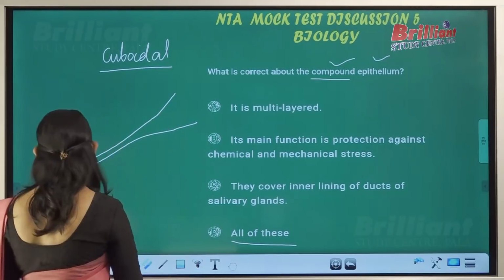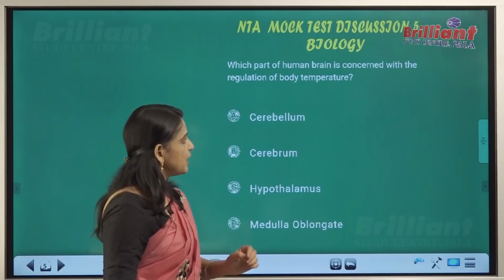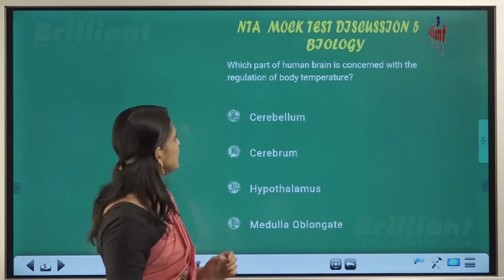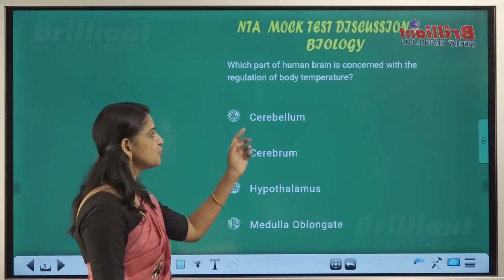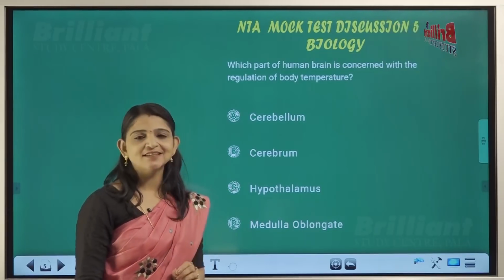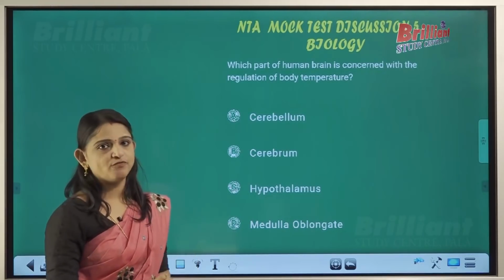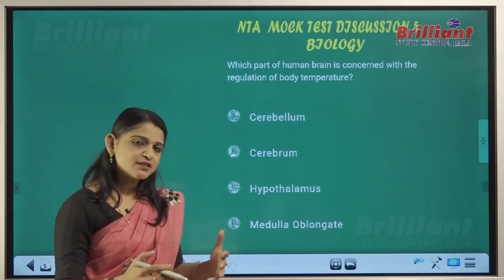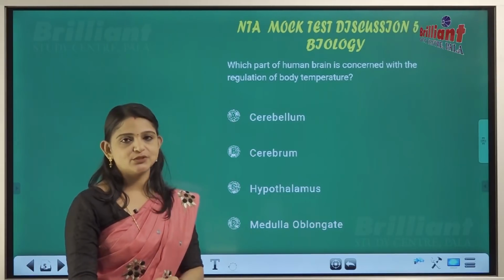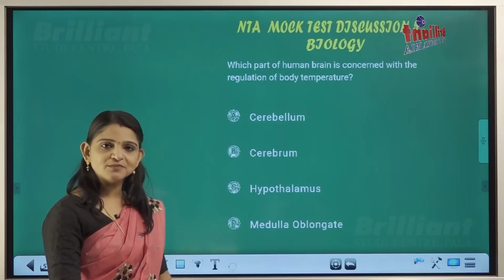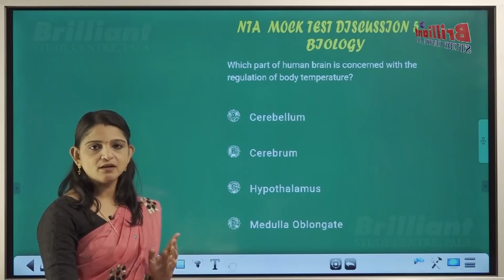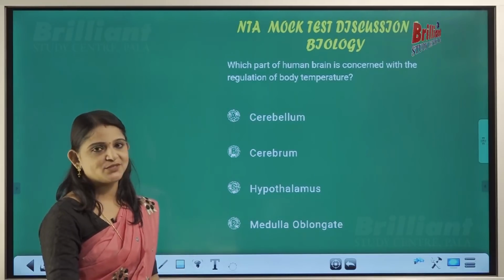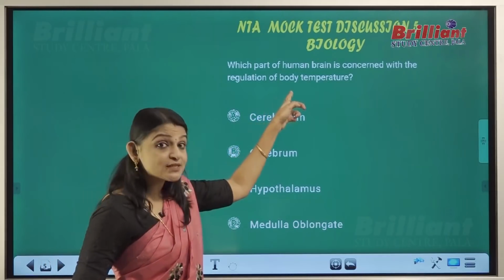Right? Next one. Which part of the human brain is concerned with the regulation of body temperature? Option first one, cerebellum. You know that cerebellum is the center of posture, balance, controlling voluntary movement, etc. Next one, cerebrum. Cerebrum is the center of intelligence, thought, memory, concentration, assumption, etc. They are asking about body temperature, right?